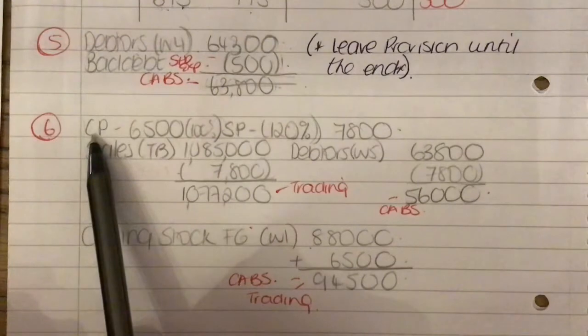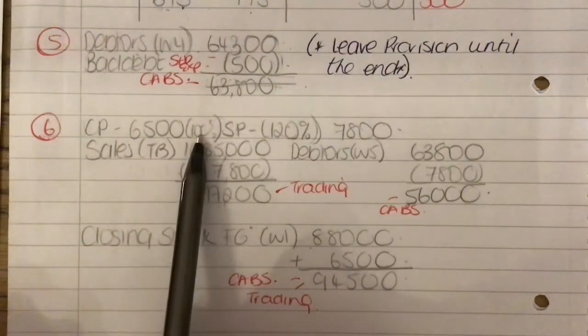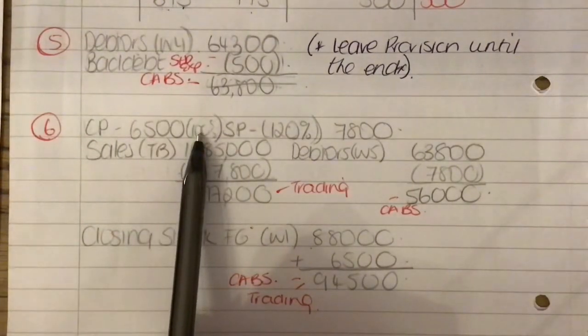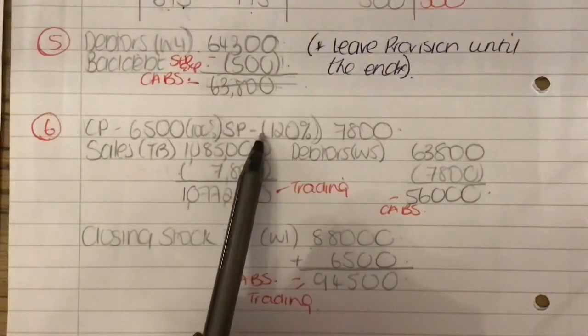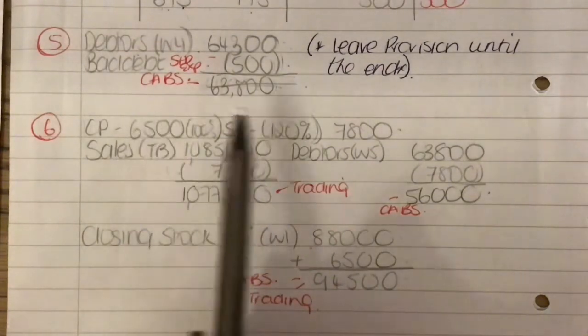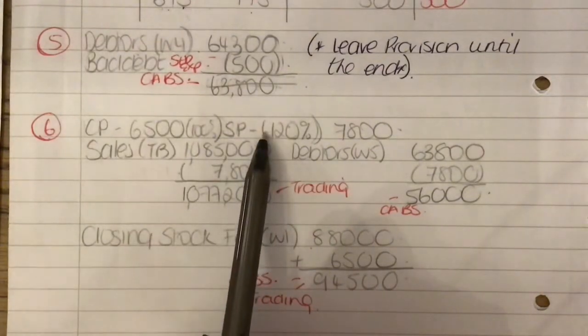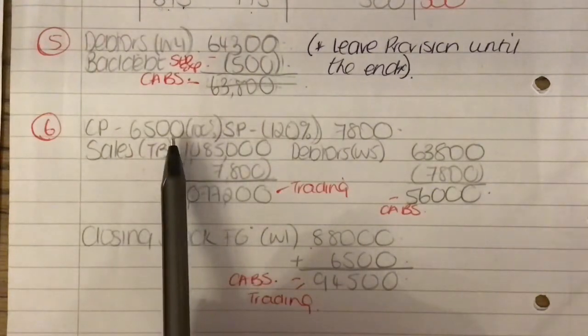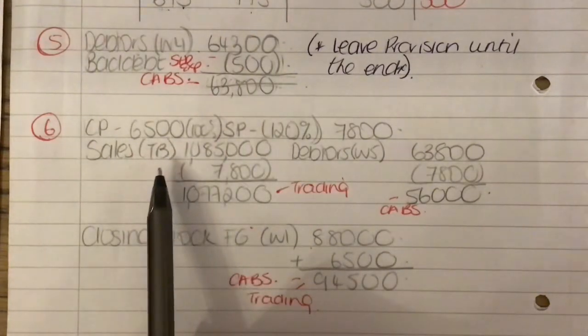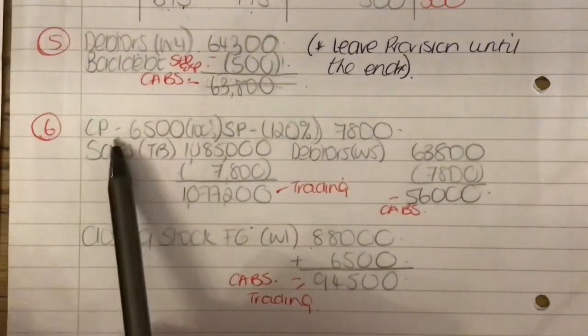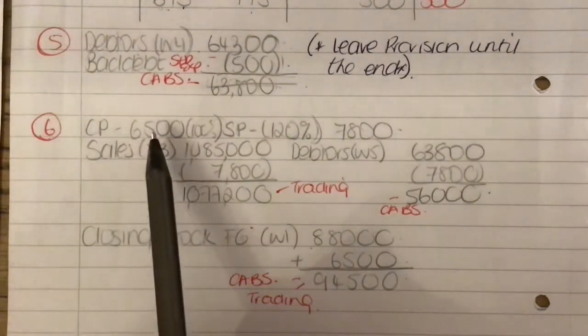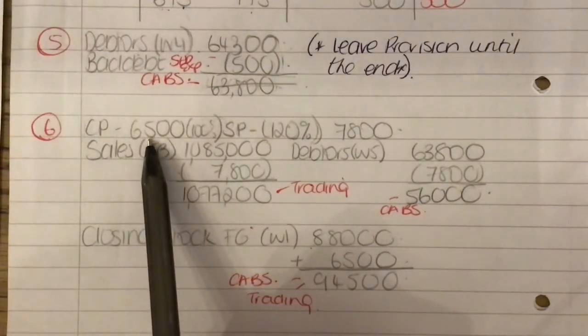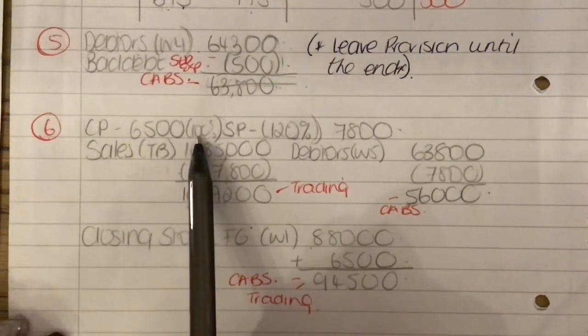That means that's the cost price, which is 100%. Be careful. Sometimes we're given the cost price, sometimes we're given the selling price. If you're given the cost price, you need to calculate the selling price. And if you're given the selling price, then you need to calculate the cost price. So you'll always have to calculate one. In this question, you've been given the cost price. So the cost price, it cost us €6,500 to produce them. That's representing 100%.